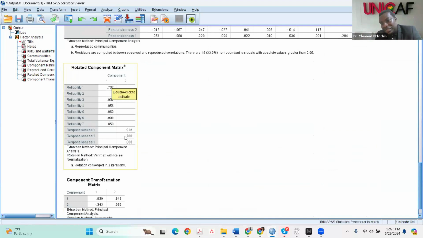But if you look very closely, you see that the variable reliability 2 is blank here because it has been suppressed, meaning that the correlation of this variable with the other variables, which is what we refer to here as the factor loading, is low.